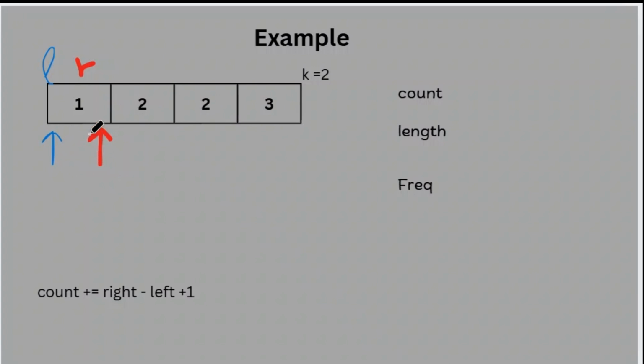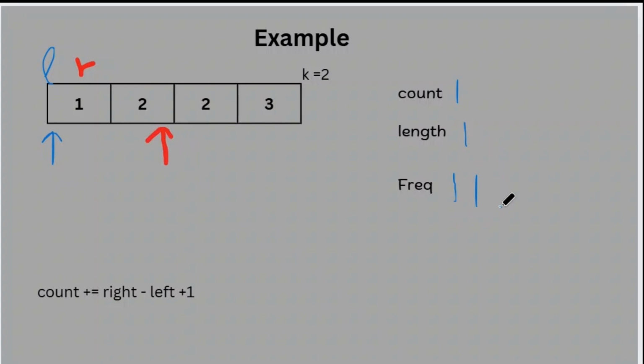Now right is pointing towards 1, and the frequency table gets updated. 1 will be occurring one time, so 1 comma 1 is added to the dictionary. The length changes to 1, and count, which is initially 0, now gets plus 1. Next, right is incremented and it will be pointing towards 2.